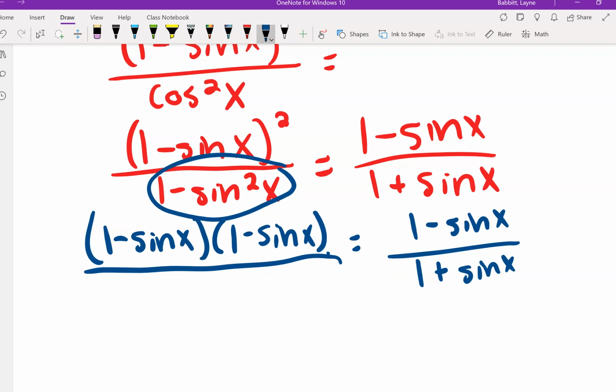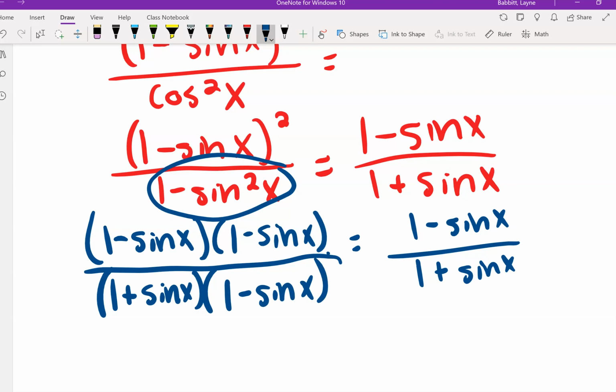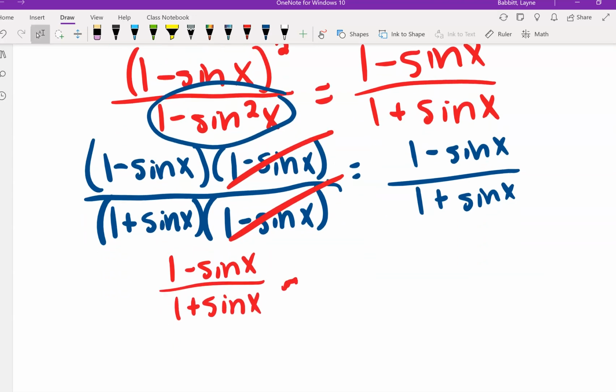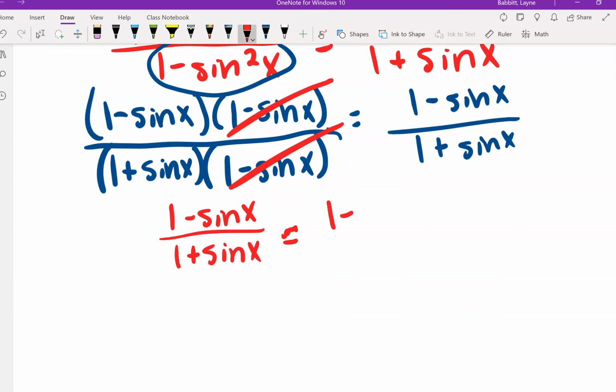I can factor that into the square root of 1, which is 1, plus the square root of sine squared x, which is just sine x, times 1 minus sine x. That was just a difference of perfect squares, which is awesome because now these can cancel, and we'll be left with 1 minus sine x over 1 plus sine x, which is exactly what I wanted.